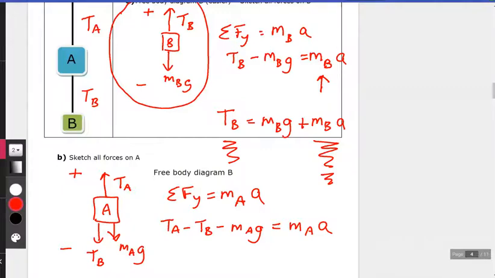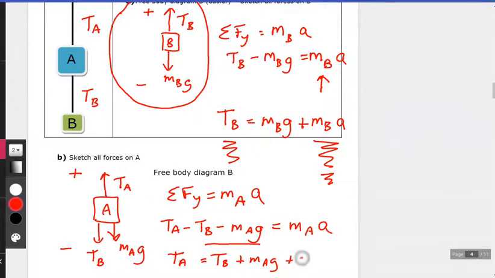So the tension in A, which is what we want to solve for, now I put these two on the other side, equals the tension in B plus the weight of A plus the acceleration of A. Oh, this is a mistake. Oh, no, that's right.